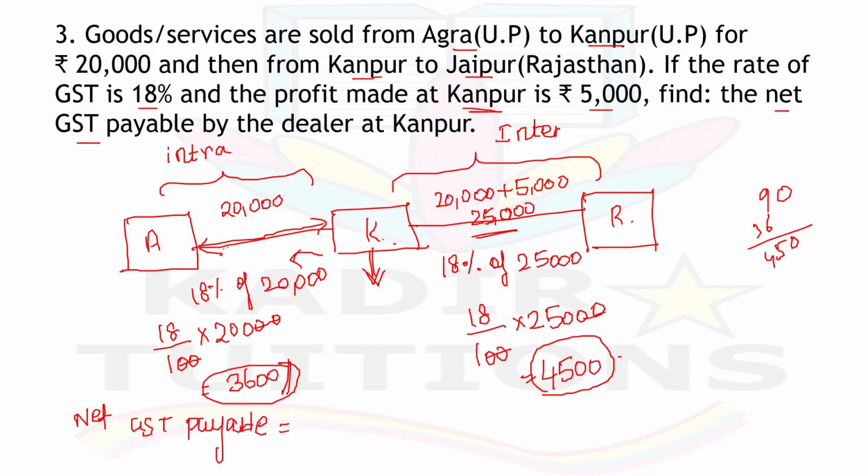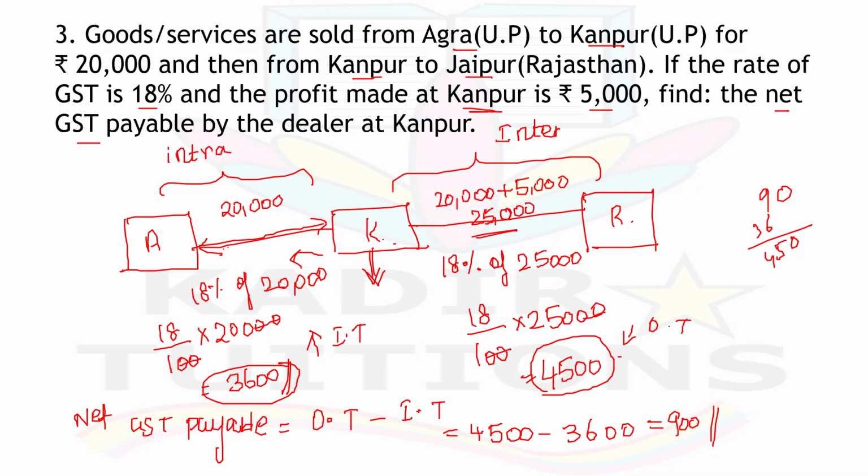So can I say this is what tax? Output tax. And what about this? This is input tax. So what we need to find? We have to find output tax minus input tax, which is 4,500 minus 3,600, which is equal to 900. So 900 rupees is the net GST payable by the dealer at Kanpur.